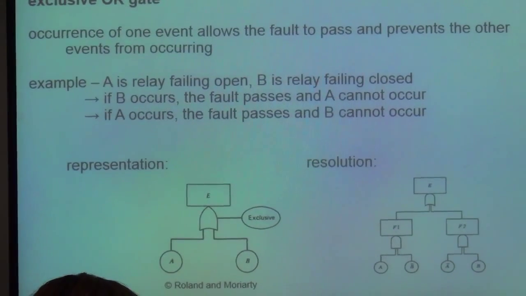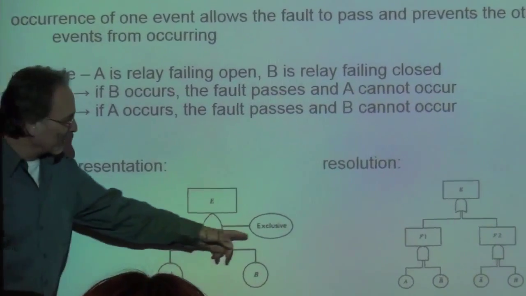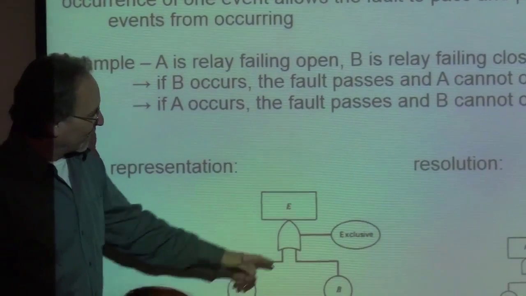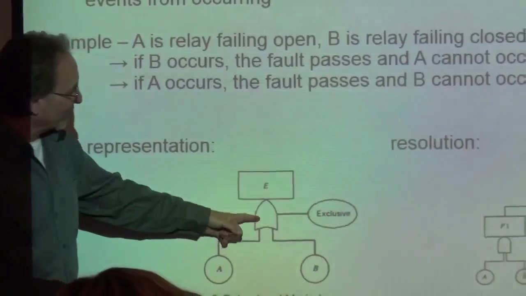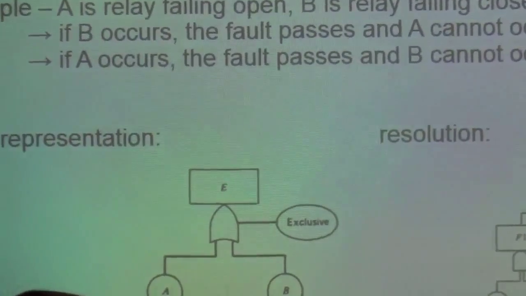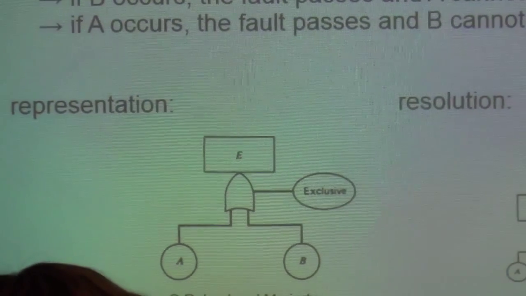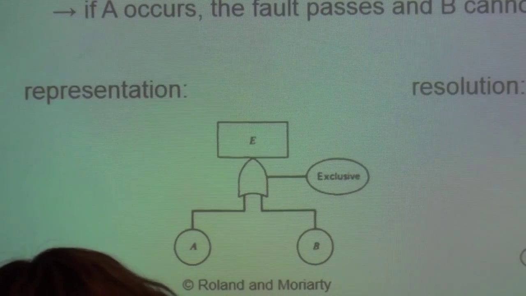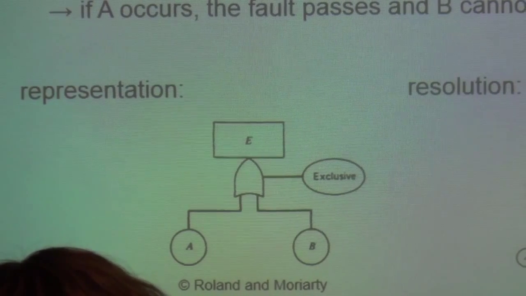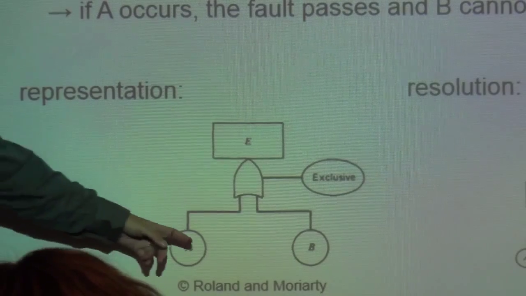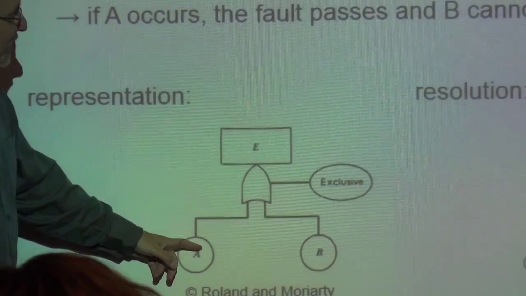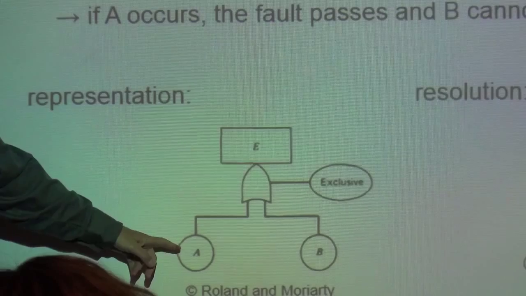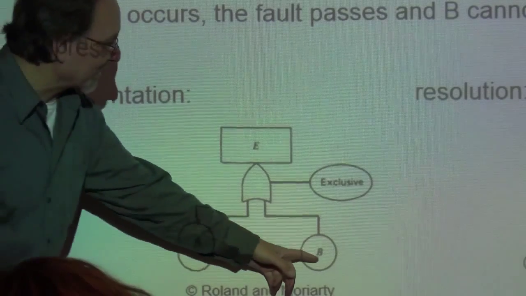There is such a thing as an exclusive OR gate. See the modifier? It says exclusive. This is an OR gate. You just simply attach it by a line without an arrow. So it's an exclusive OR gate. If A occurs, the fault passes and B can occur.